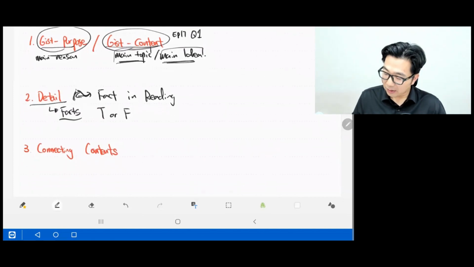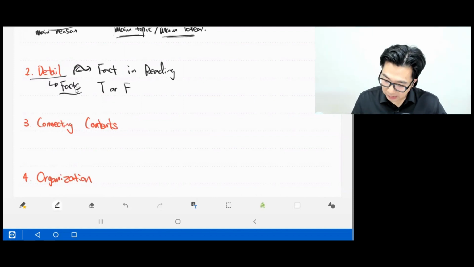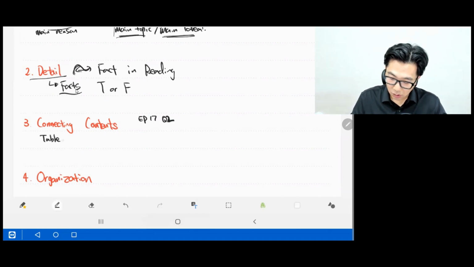And 3, connecting contents. We did this in today's class. That was question 2 today. So usually connecting contents, they show you a table or chart, or sometimes put something in the right order. Okay, right?